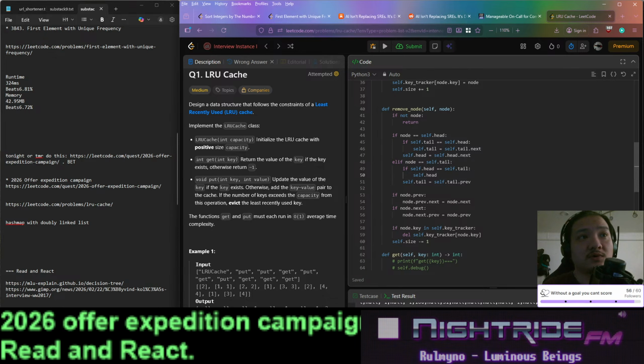The only way where you can remove the tail, and it's also the head, is if we check the tail. So the one we remove is the head. Then head.next, right?